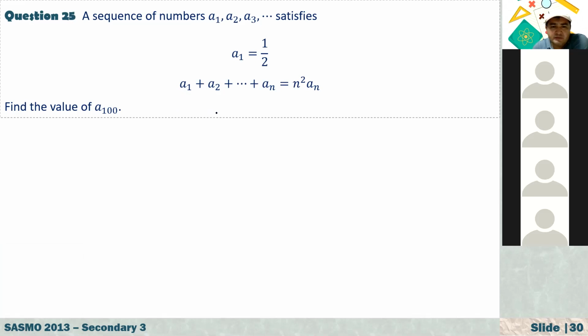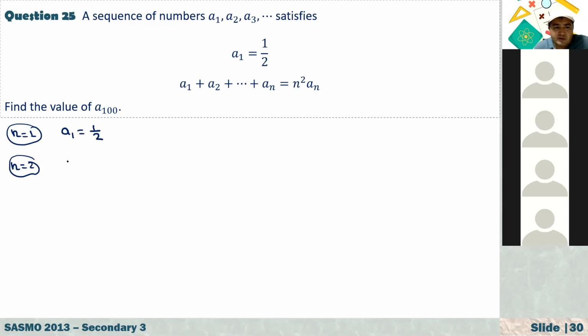How about a2? If n is equal to 1, then s1 is just a1, which equals 1 over 2. And how about n equals 2? Oh, we just need to find a100, I don't have to write this one. So a1 is equal to 1 over 2.